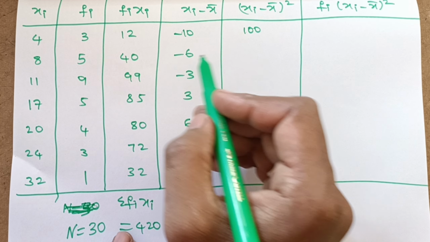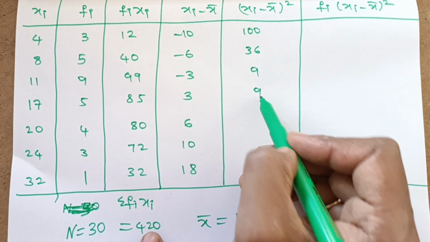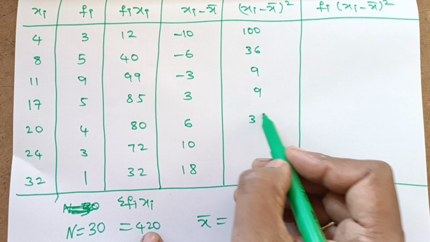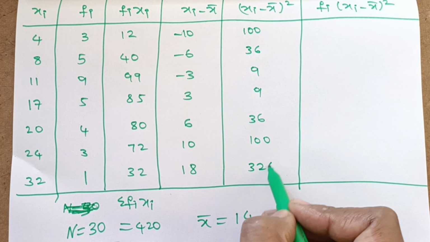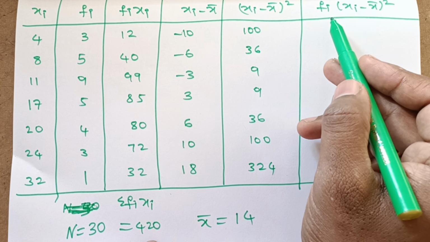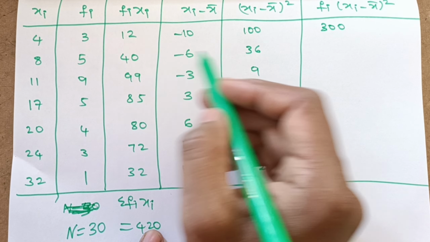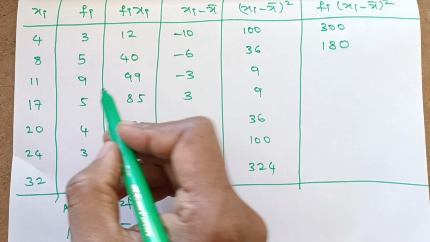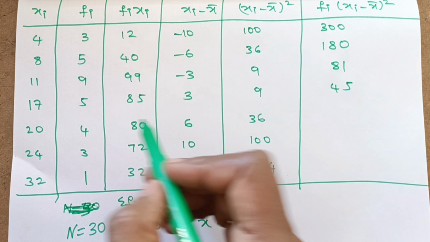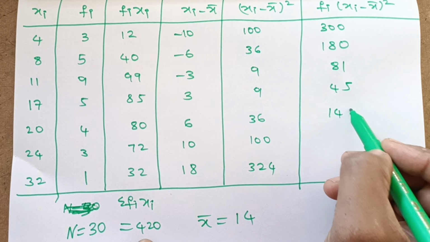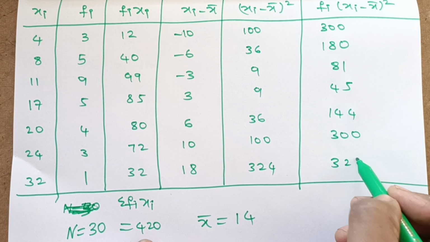Minus 10 square 100, minus 6 square 36, minus 3 square 9, 3 square 9, 6 square 36, 10 square 100, next 18 square 324, and multiplying with the frequency. 3 into 100, 300, next 5 into 36, 180, 9 into 9, 81, 5 into 9, 45, 4 into 36, 144, 3 into 100, 300, 1 into 324, 324.